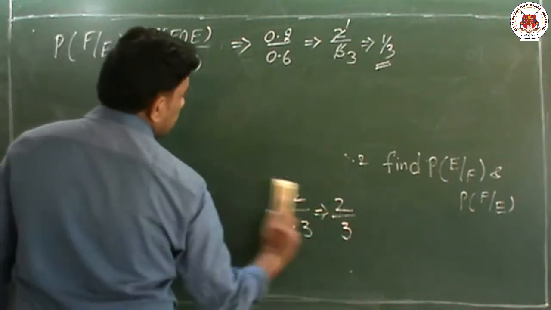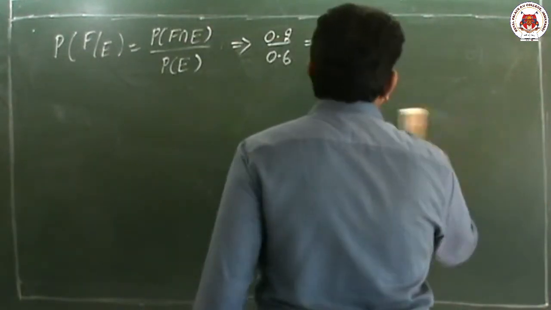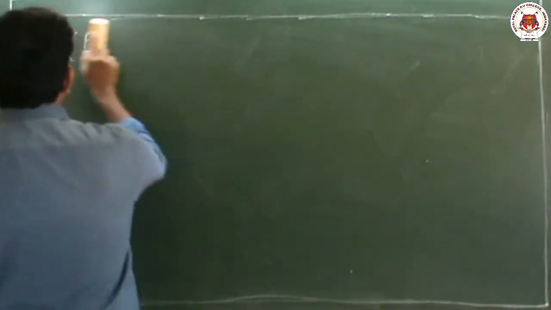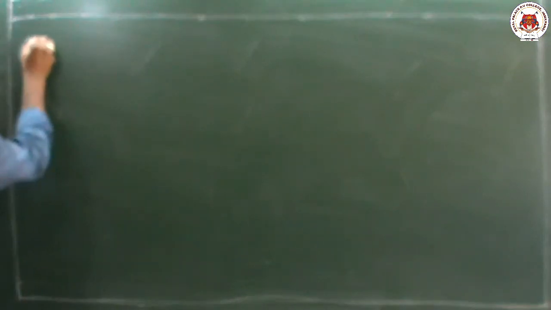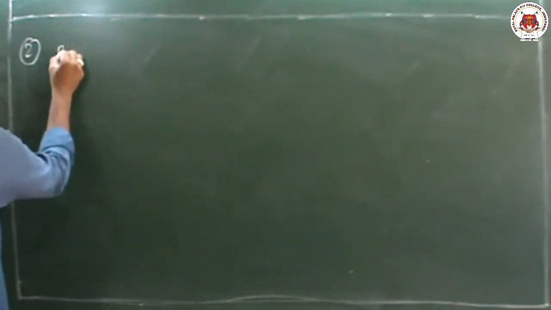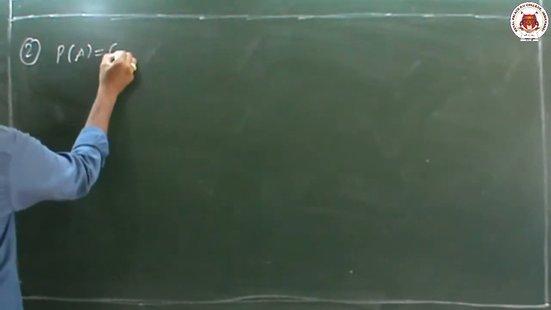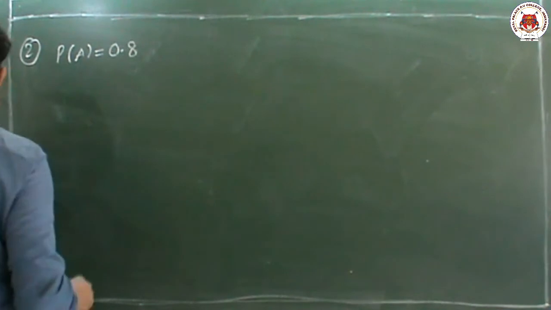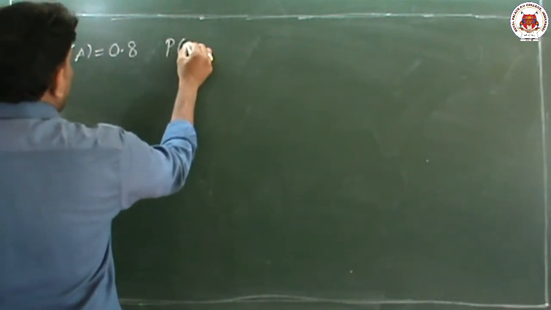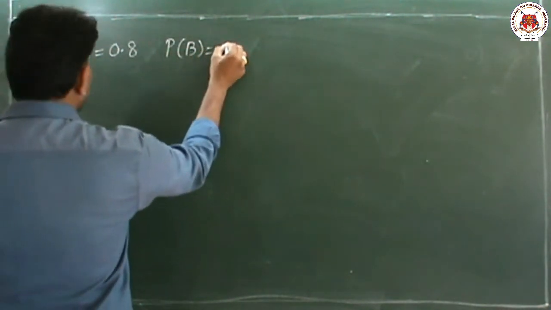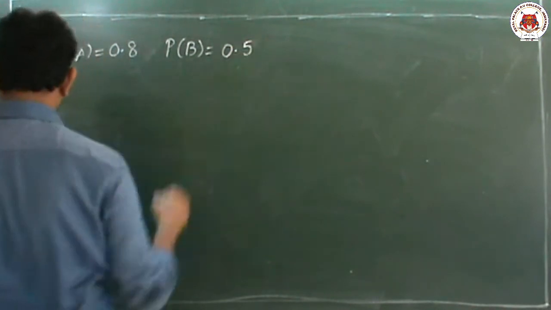Now we will go to another question on this model. So the second question on this model is: P of A is equal to 0.8. P of B is equal to 0.5.